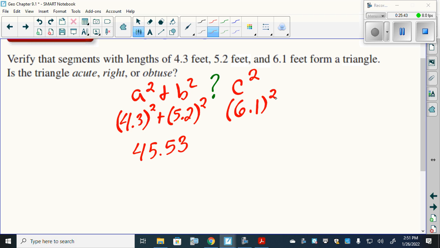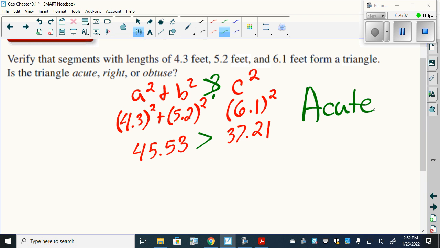If we square it, we get 37.21. Well, which one is bigger? The 45.53. So that means that a squared plus b squared is greater than c squared, and if a squared plus b squared is greater than c squared, then it is acute. So yes, this is a triangle, and it is acute.